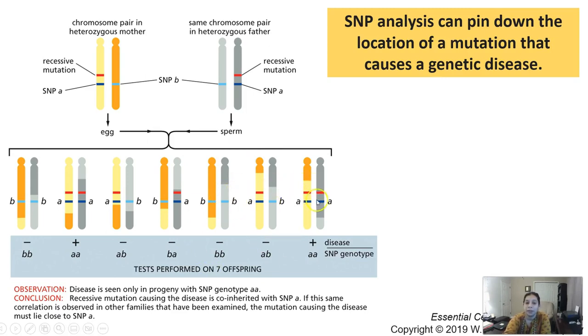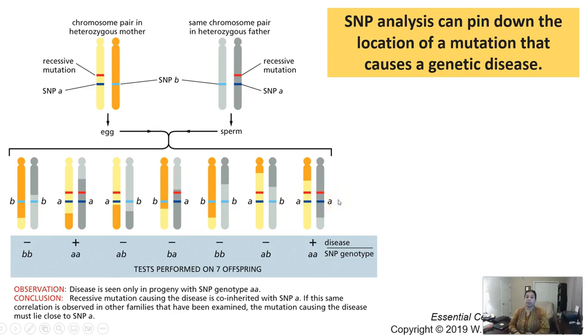The only time that you see the disease is when the only SNP that you see is A. So this lets you know that wherever the SNP A is on that chromosome, the disease gene is going to be close to it.